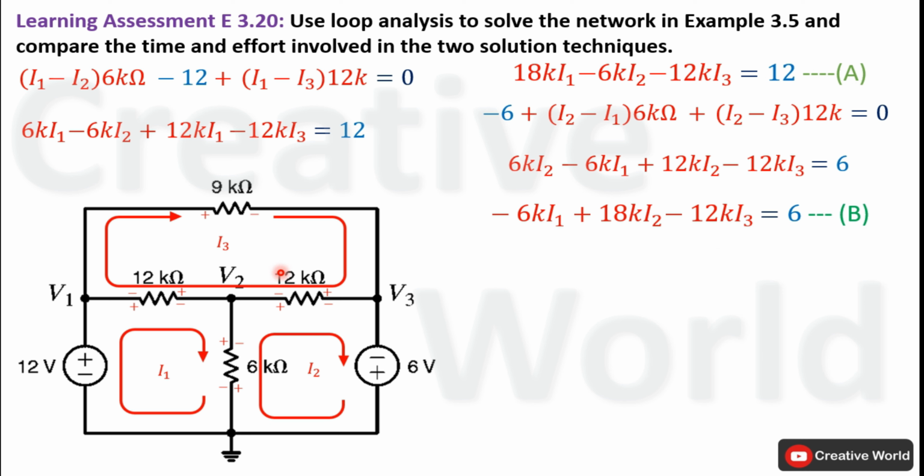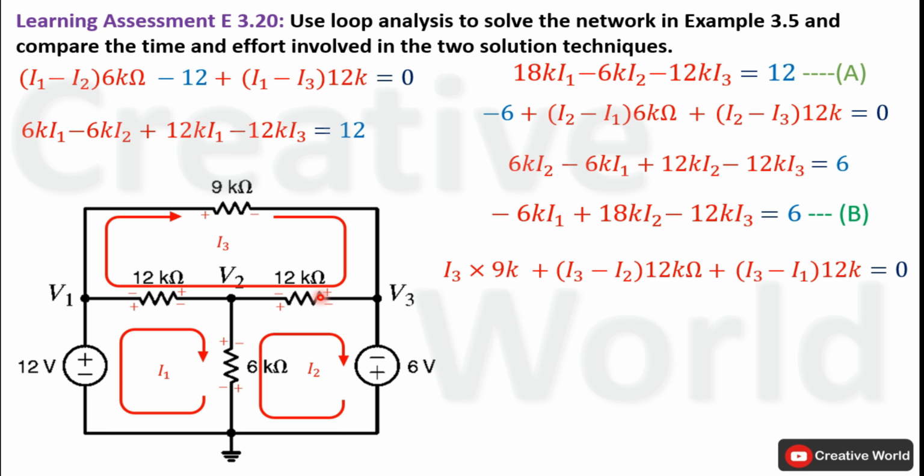Now apply Kirchhoff's voltage law inside this third loop. Start from here, current entering terminal is positive, so voltage across this 9 kilo ohm resistance will be taken with positive sign, and voltage equation of this resistance is the product of current I3 and 9 kilo ohm.